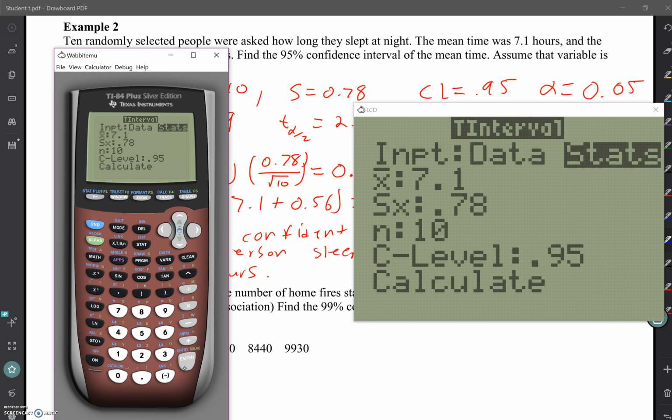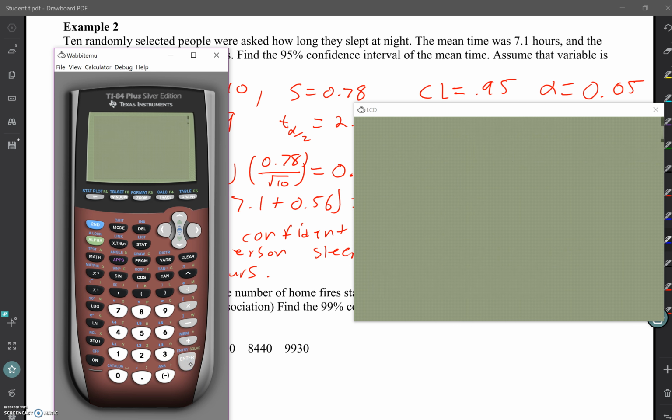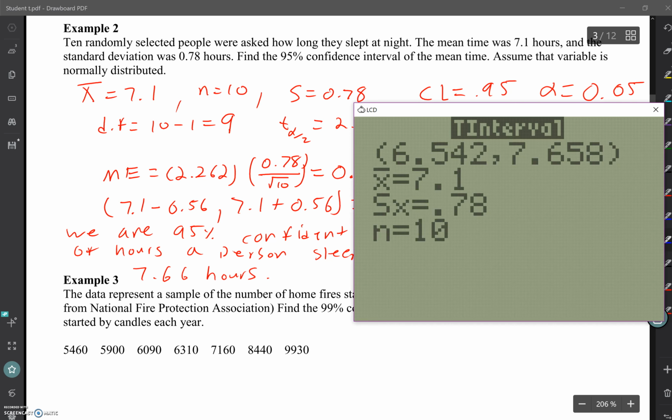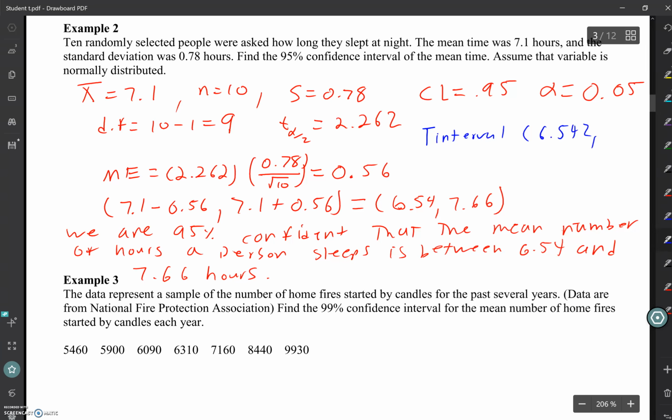Did everybody find it? Does everybody look like mine? All right. And we're going to get a really similar interval. So 6.542 and 7.658.